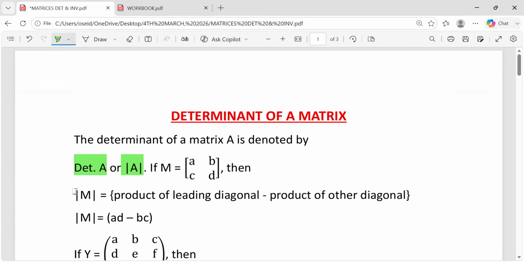The determinant of M, or |M|, will be equal to the product of the leading diagonal minus the product of the other diagonal.